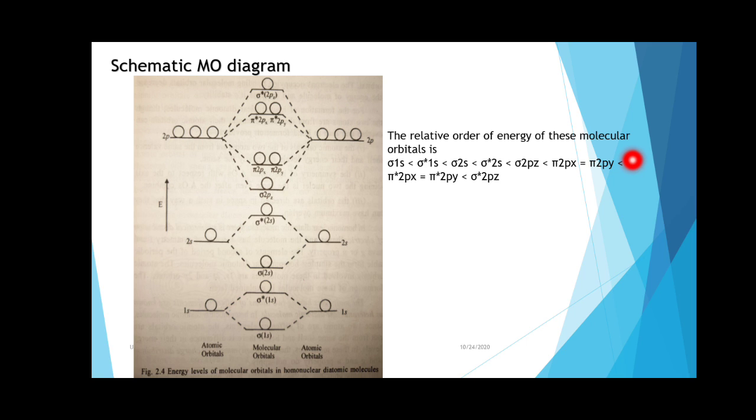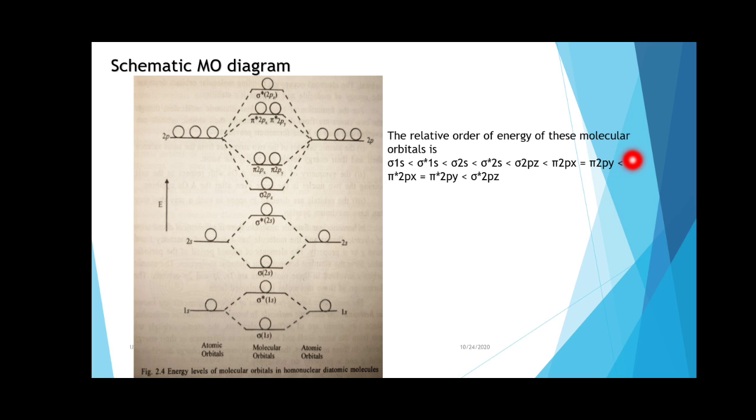But one more important feature of this LCAO approach is that whatever number of atomic orbitals of the respective atoms combine, that gives the same number of new molecular orbitals.